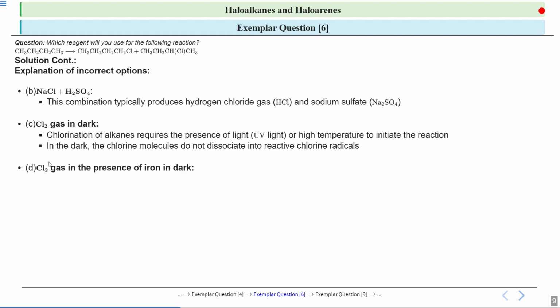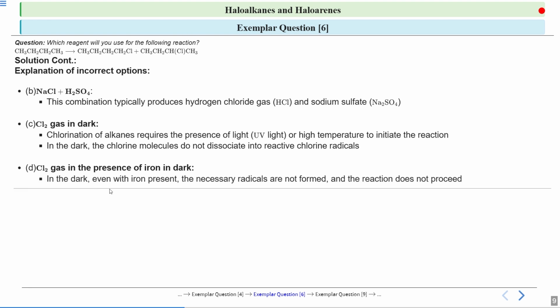The last option, D, was chlorine gas in presence of iron in the dark. Now we have added one more catalyst: if chlorine gas in the dark condition is not a suitable reagent, then let's provide iron as a catalyst. But still this is not a suitable reagent for the conversion of butane to 1-chlorobutane and 2-chlorobutane. Why?